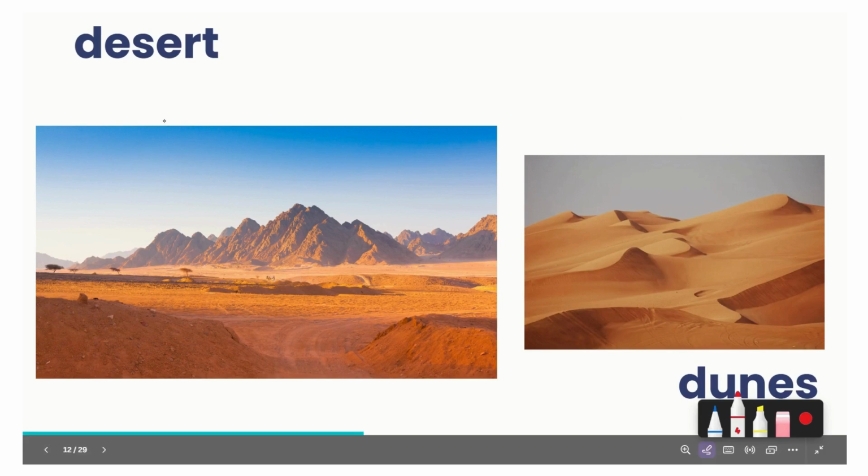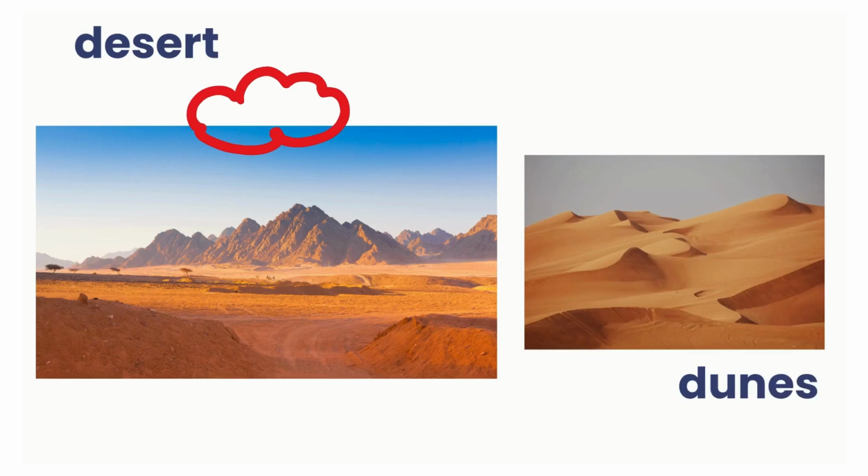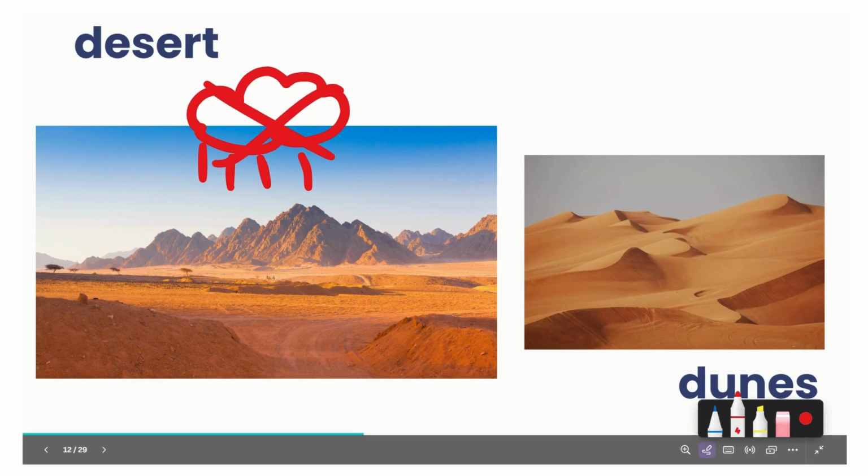Now let's look at deserts and dunes. A desert is a place that has very little rain. Another word for rain is precipitation. So let me write that word down.